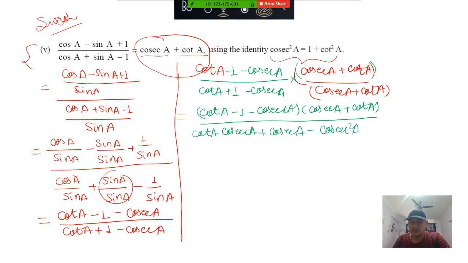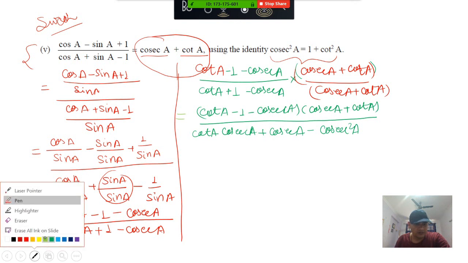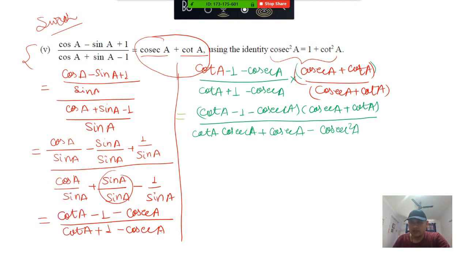So this was the terms multiplied by cosec A. Now let me change to the lighter color for the terms multiplied by cot A. So cot A times this gives cot square plus cot A and minus cosec A cot A. Here you have cosec A cot A positive and cosec A cot A negative, so this gets cancelled.